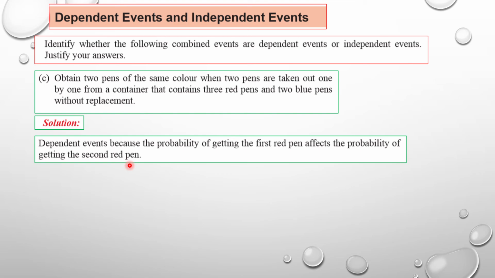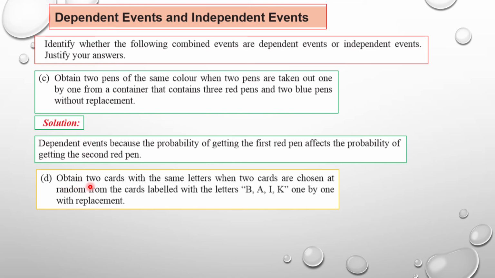That means it is no longer the same as the first time. Therefore, the probability of the second event depends on the probability of the first event. Therefore, it is a dependent event.